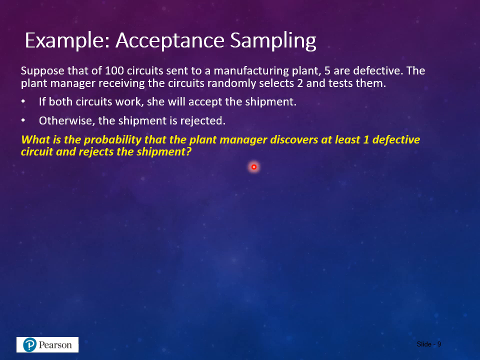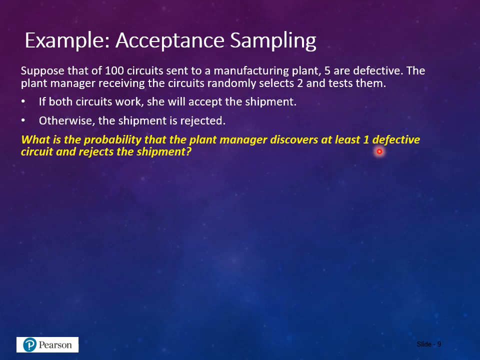Now remember, when we have these inequalities, at least, at most, we have to think in terms of exactness. So what does at least one defective circuit mean in terms of this problem? Well, she's selecting 2 and testing them, so at least one means that 1 is defective or 2 is defective.